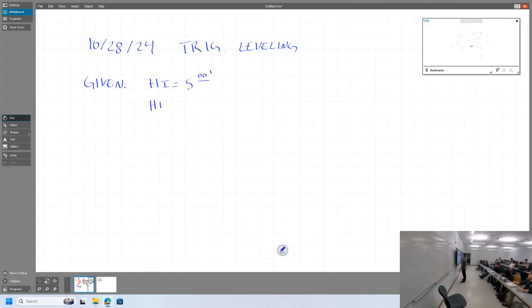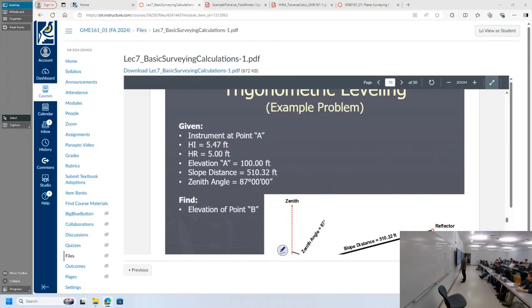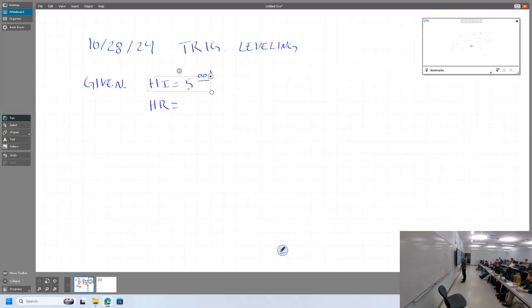The height of the rod, the prism that you are using, is 5 feet. The elevation is 547.